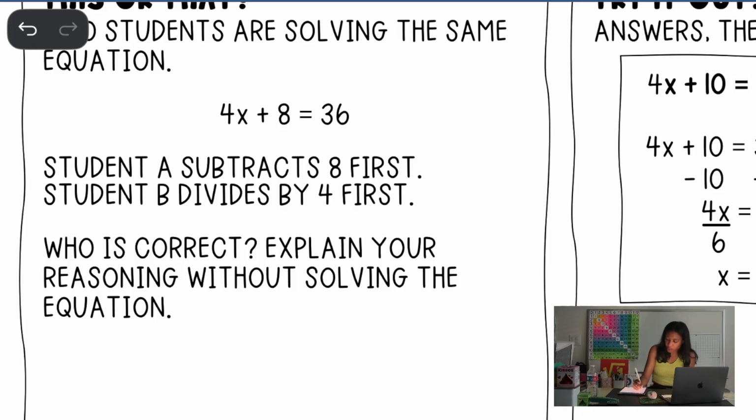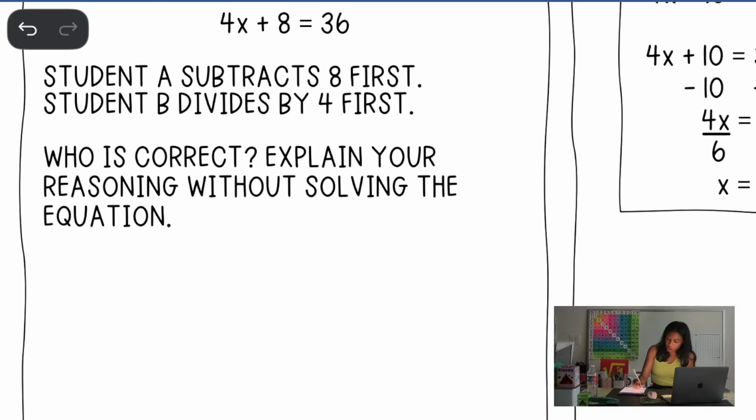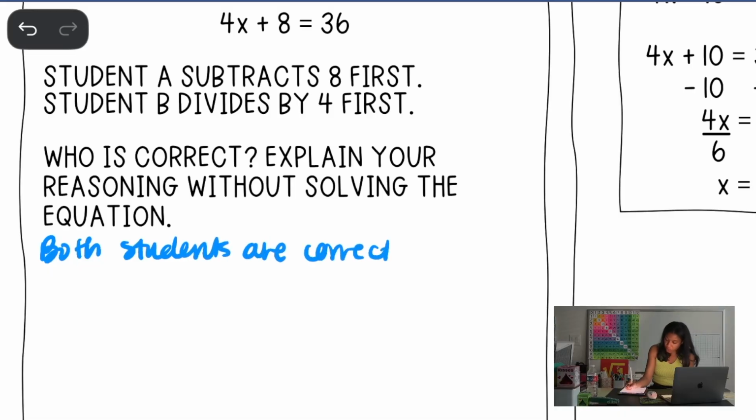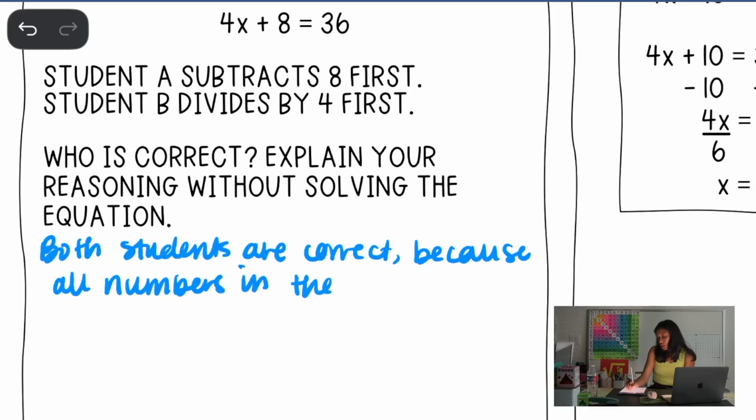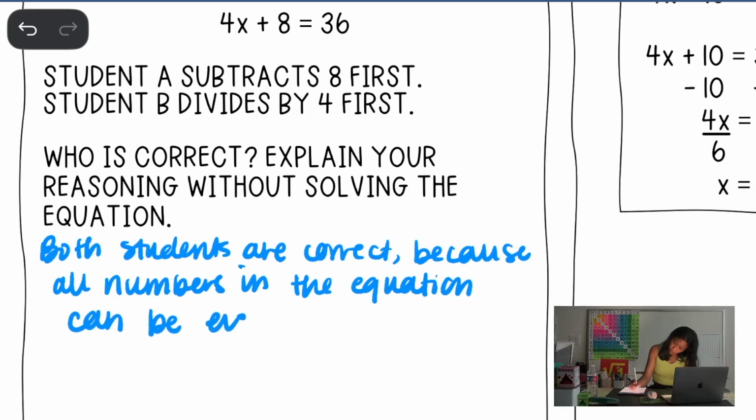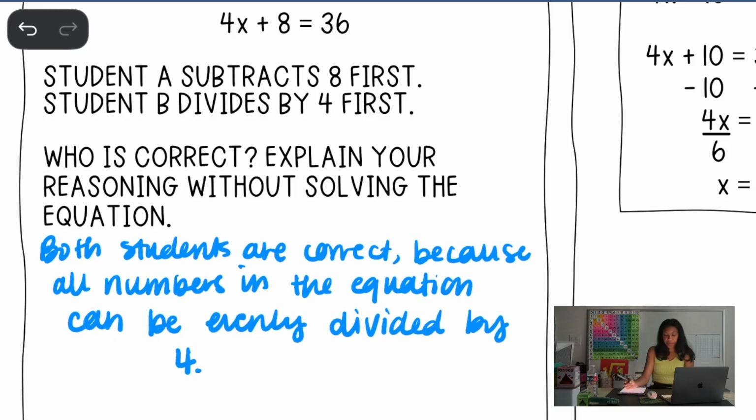So let's go ahead and give them both their props. Both students are correct, because all numbers in the equation can be evenly divided by 4.